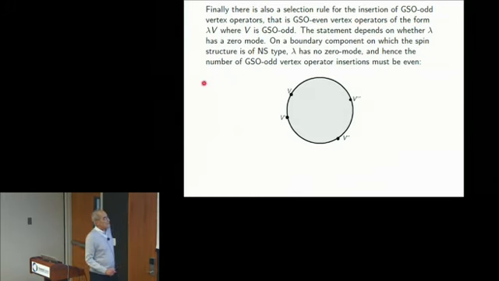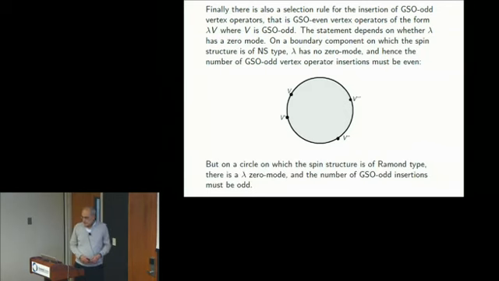So to get a non-zero path integral, we need an even number of lambda insertions. So the number of GSO odd vertex operator insertions must be even on every such boundary. But on a circle in which the spin structure is of Ramond type, there's a lambda zero mode, and the number of GSO odd insertions must be odd. This is true separately for each boundary of a Riemann surface. I've drawn it as if there's only one boundary, but if there are many, this selection rule applies on each boundary separately. And this is again part of Sen's story.